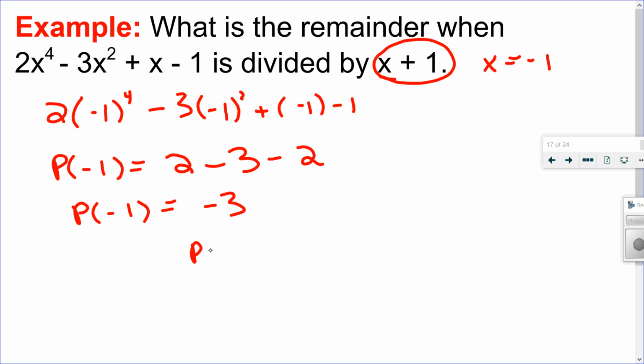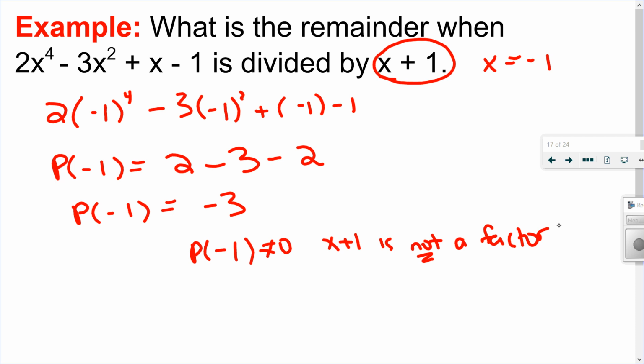So the value of the polynomial at negative 1 is not equal to 0, it's equal to negative 3, which tells me this does not go into it evenly, which means it is not a factor. So since there's a remainder, I know that x plus 1 is not a factor. But again, we will touch base on that fact in the next section.